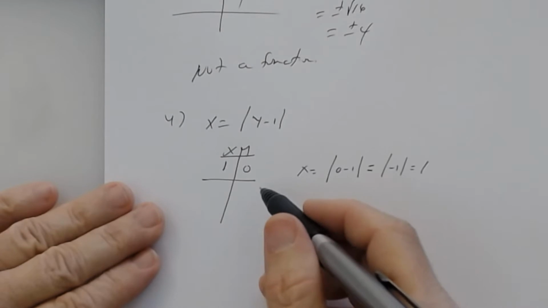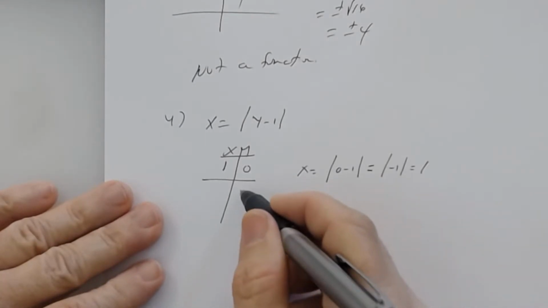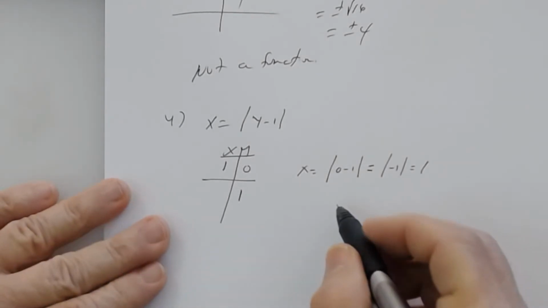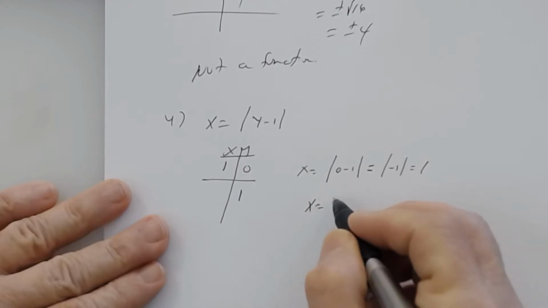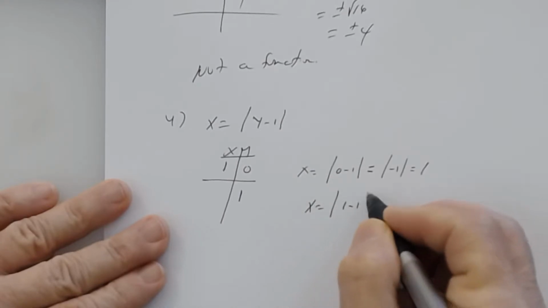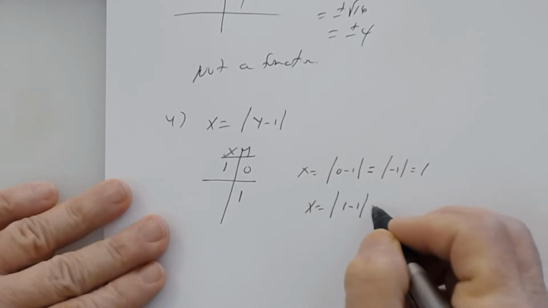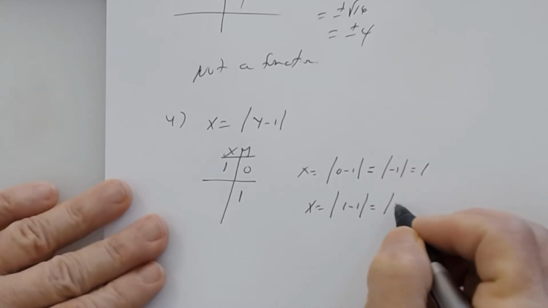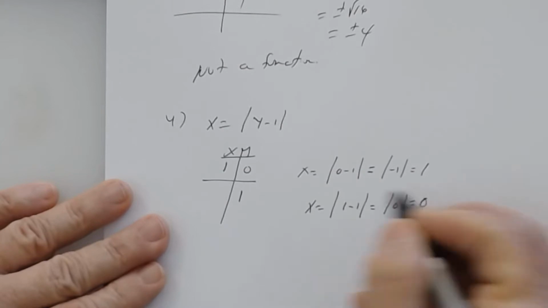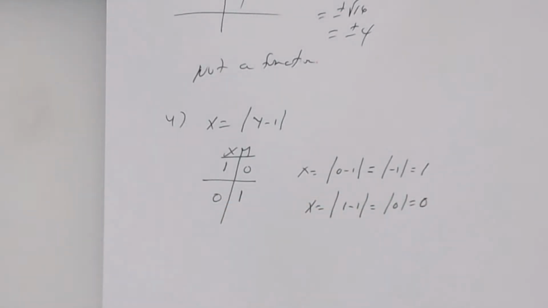Let's try if y is 1 this time. If y is 1, I get x equals 1 minus 1. And what's 1 minus 1? And so I get the absolute value of 0, which is just what? 0. So when x is 0, what is my y value? 1. So it looks like it's a function.